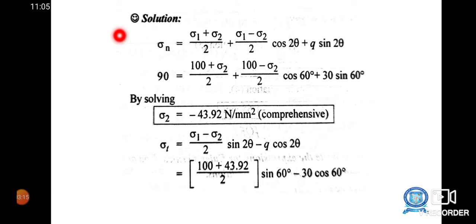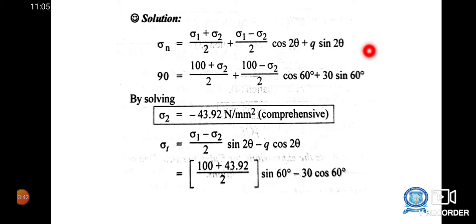Next, the solution. We can write the normal stress formula. Normal stress equals sigma 1 plus sigma 2 divided by 2, plus sigma 1 minus sigma 2 divided by 2 cos 2 theta plus q sin 2 theta, where q means shear stress.